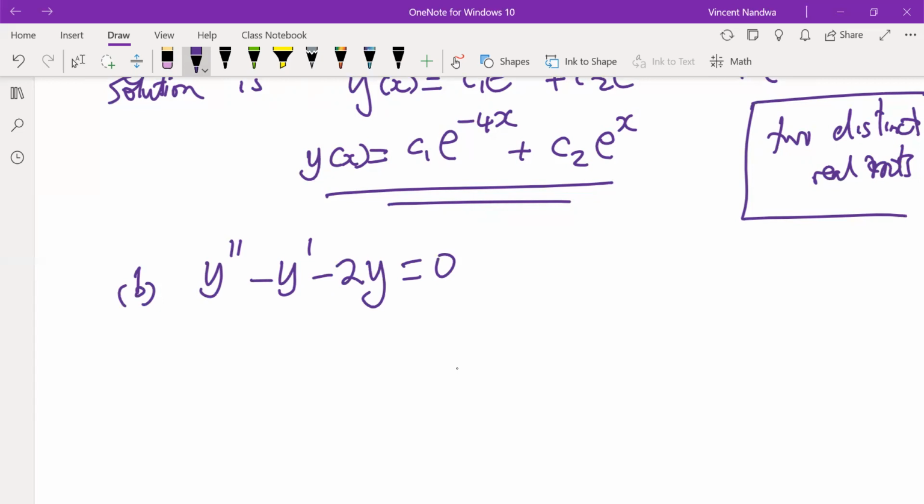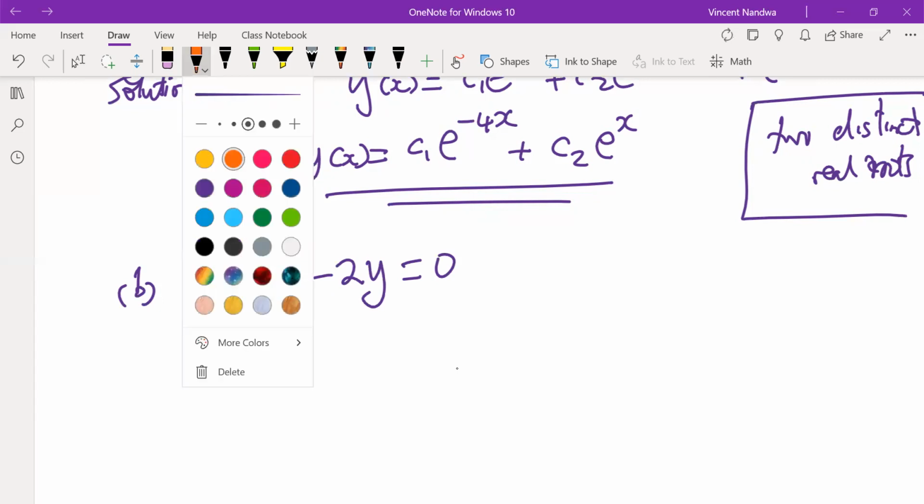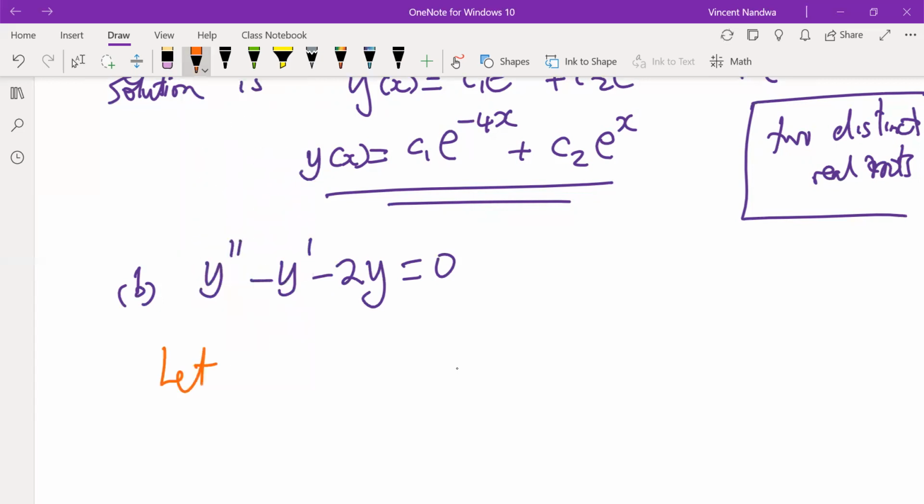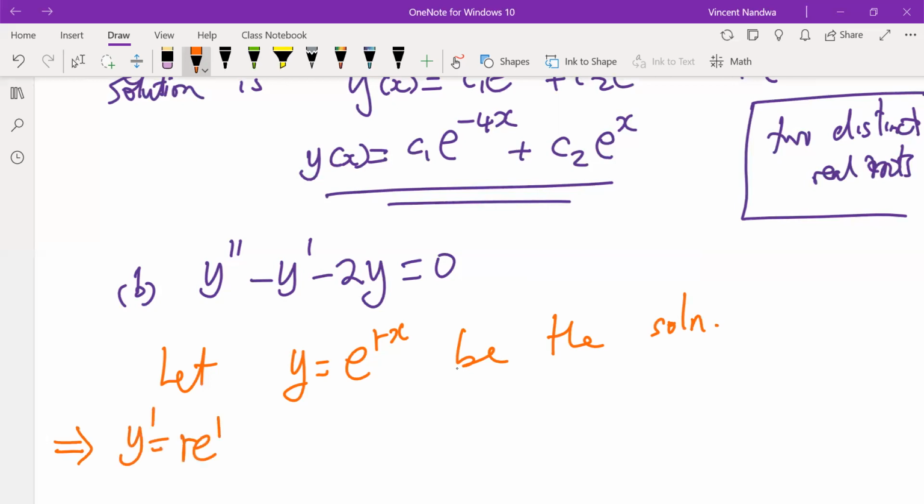Again, we let y equals e raised power rx be the solution. So this means y prime will be r e raised power rx, and y double prime is r squared e raised power rx.